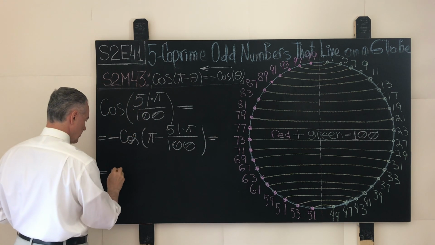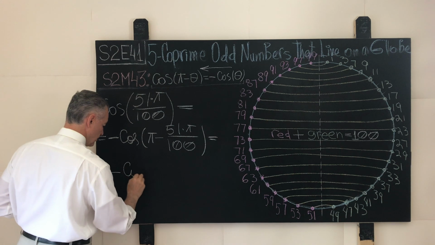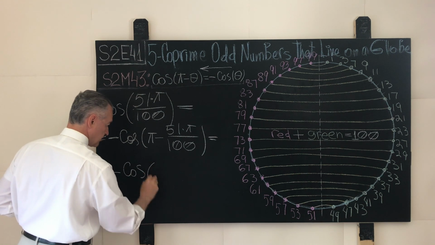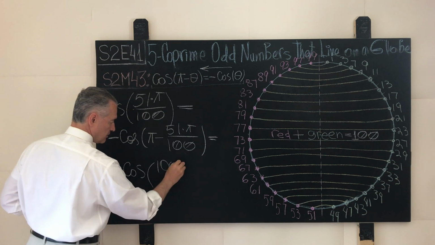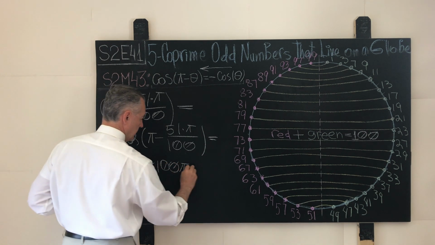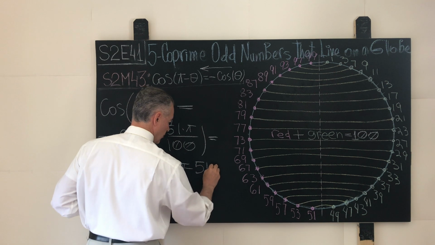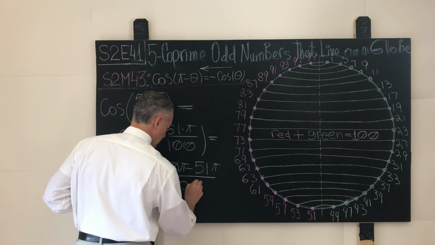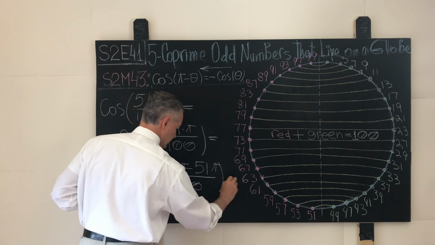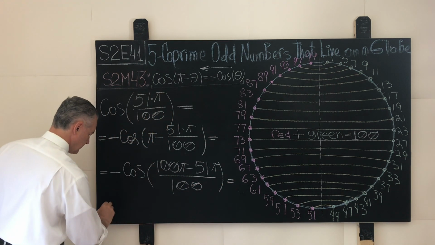We bring all the numbers in this relation to one and the same denominator, which is 100. Pi minus 51 pi over 100 comes down to what?